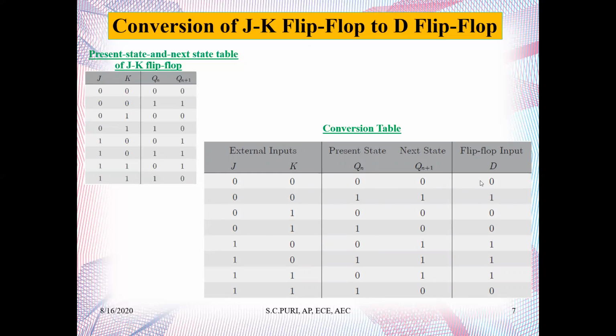And we know in case of D flip-flop, there are only two conditions. Either if D is 1, then you will get S as 1, R as 0, because there will be an inverter in the middle.